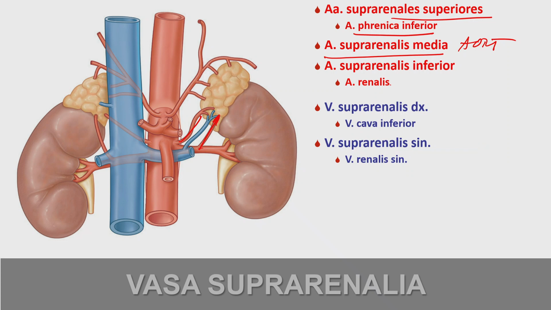And there are two different veins, one on the left, one on the right. On the left, we have the renal vein, and into the renal vein the adrenal gland is drained through the adrenal vein. So on the left, it's not a branch of the vena cava. On the right, the drainage is directed to the inferior vena cava.